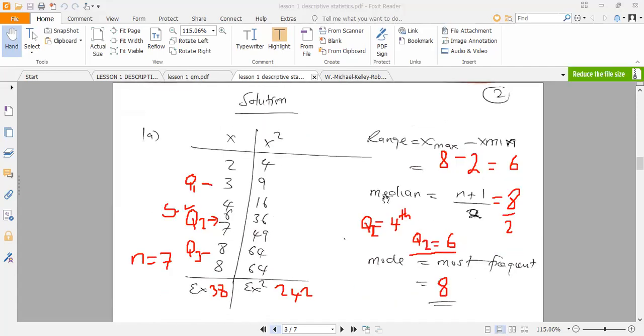So now we're going to look at what we call ungrouped data. You could be given information as follows.